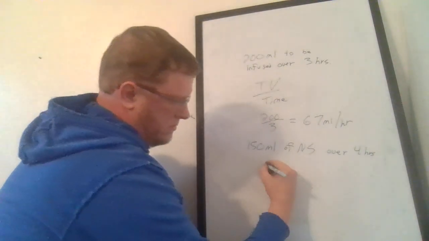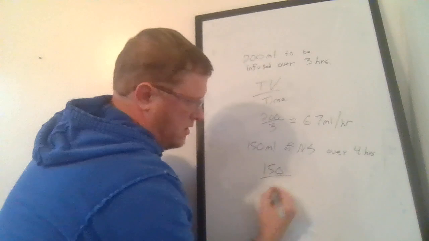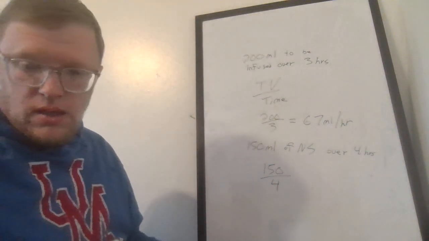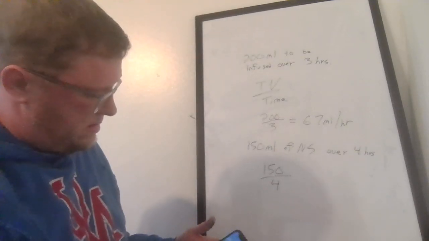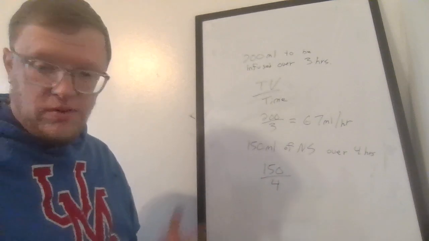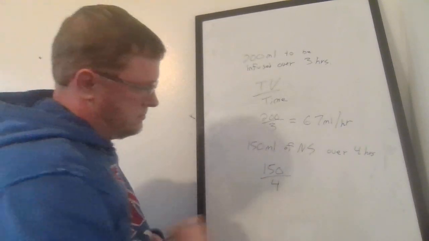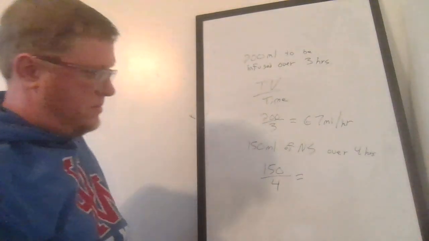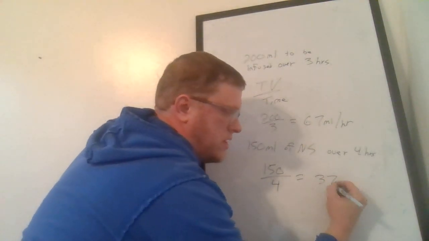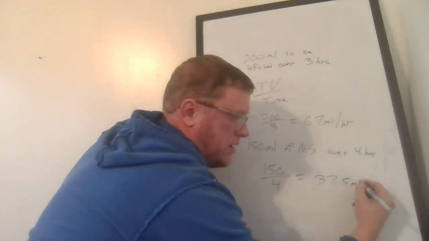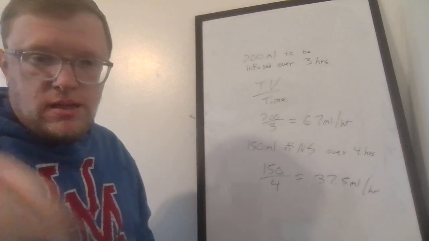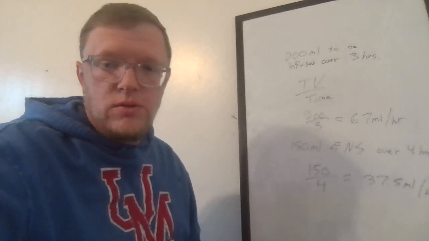So this is your volume, 150 over 4, and 150 divided by 4 is 37.5. And this one, we will just leave it where it is. So it's 37.5 mLs per hour. Okay, that's how you do IV infusions with a pump.